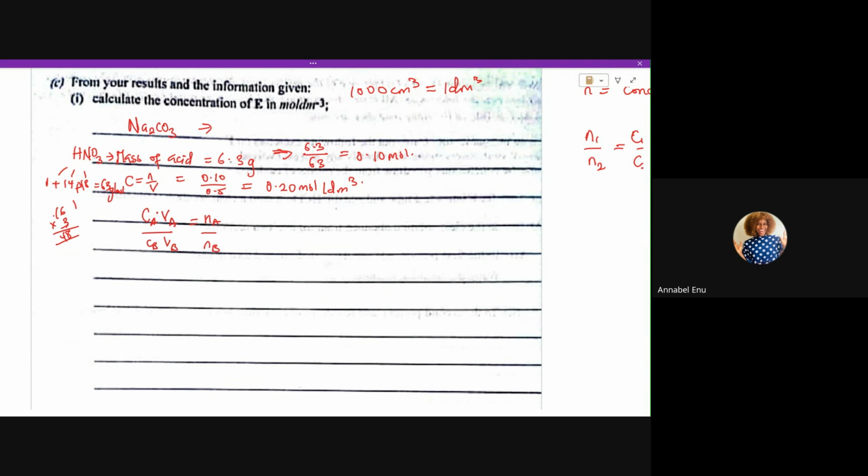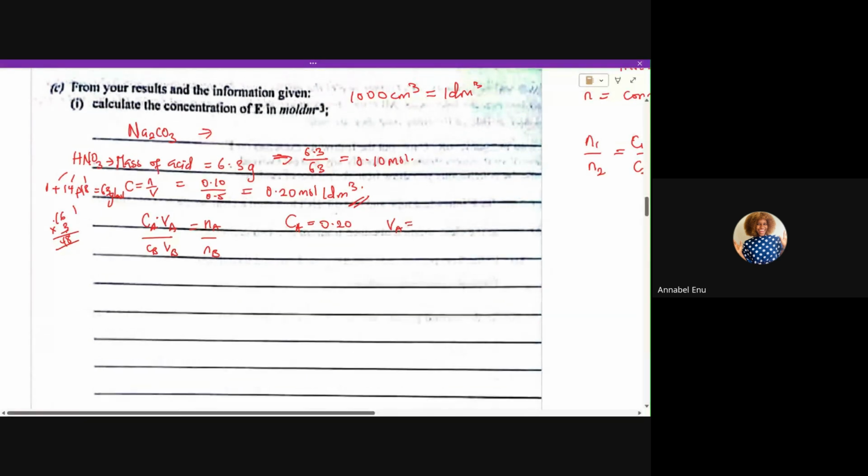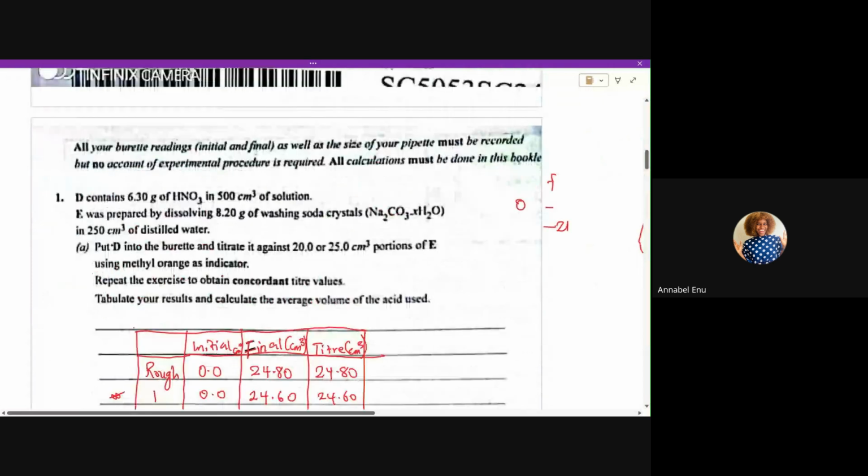This is the formula we'll be using. Now we have gotten the concentration of our acid. Our concentration of acid is this one that we got here. So Ca is equal to 0.20. Now how about the volume of our acid? The volume of our acid is not going to be this 500 here.